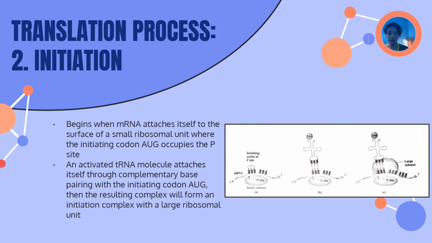An activated tRNA molecule with an anticodon complementary to the codon AUG attaches itself through complementary base pairing to the AUG codon. The resulting complex then interacts with a large ribosomal subunit to complete the formation of an initiation complex. Since the initiating codon AUG codes for the amino acid methionine, the first amino acid in a developing human protein chain will always be methionine.